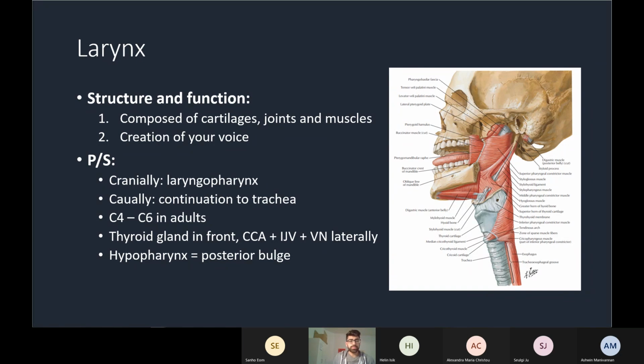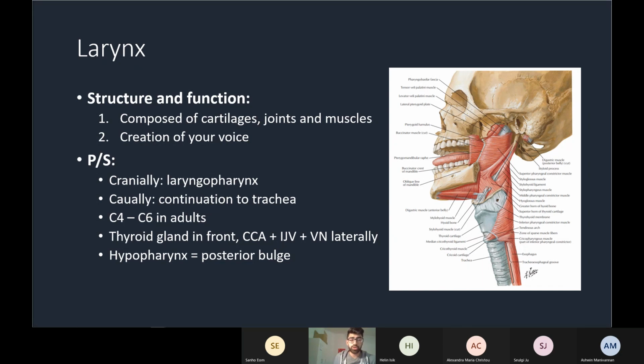In terms of its continuation, where it starts rather, the laryngopharynx transitions into the larynx, and then the caudal continuation is into the trachea from C6 onwards. The thyroid gland is located in front with the thyroid isthmus in front and the thyroid lobes laterally.